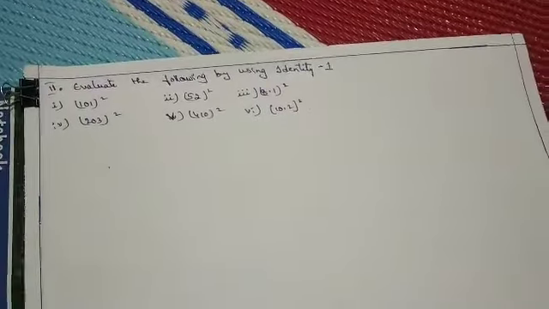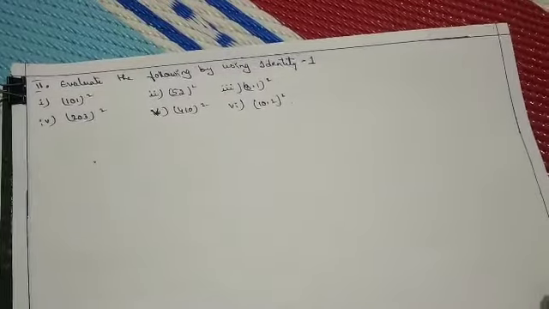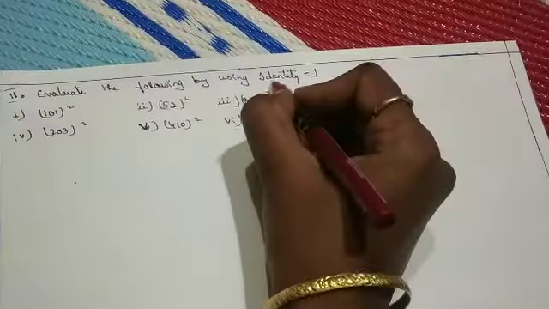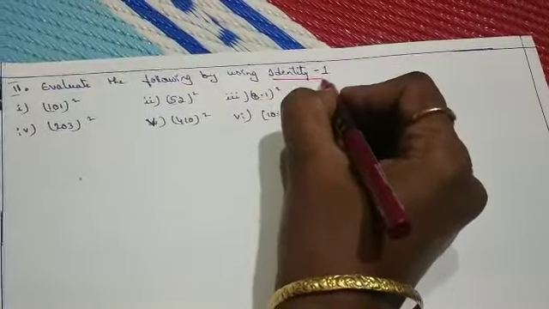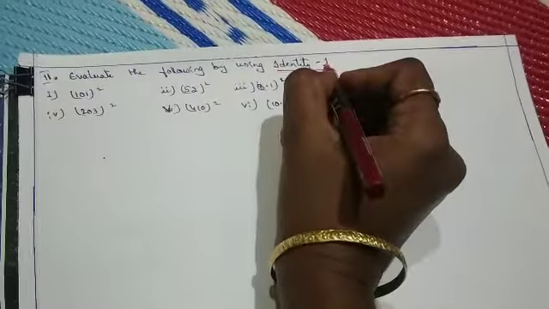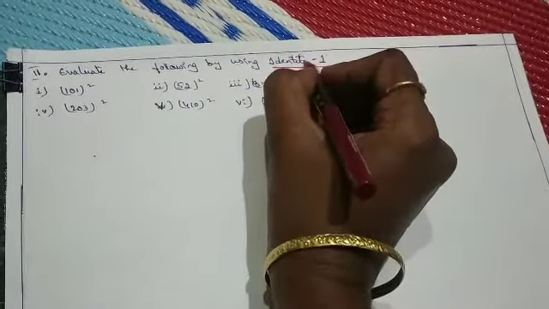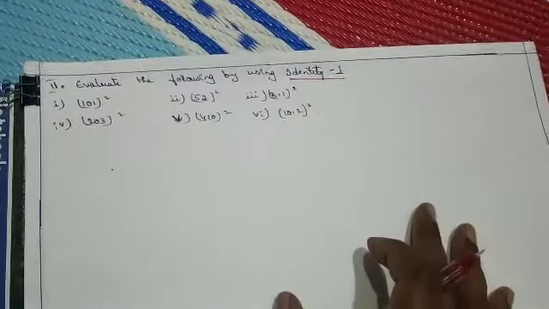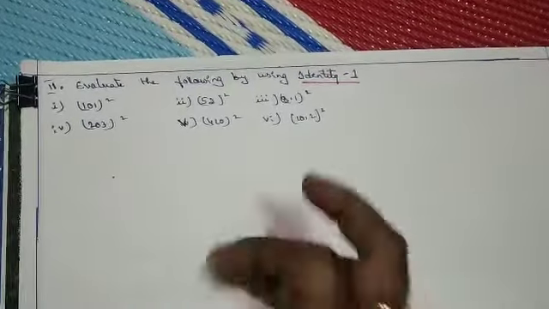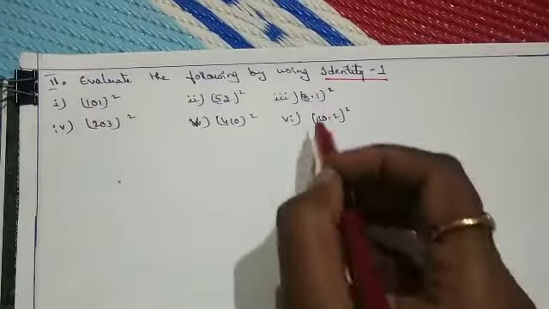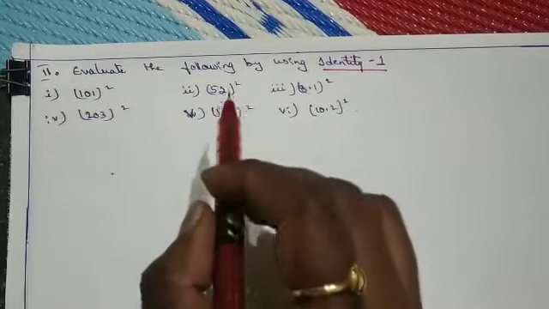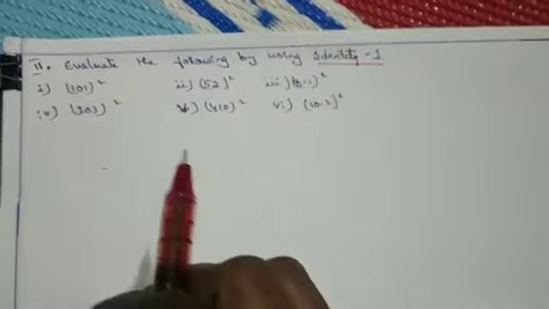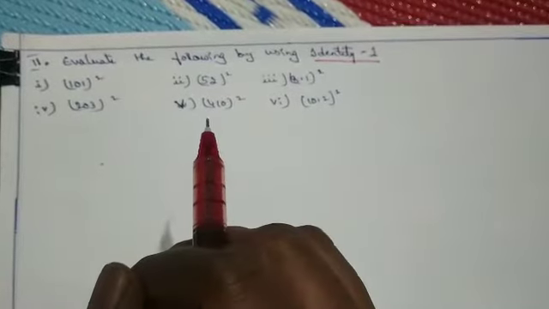Second main: evaluate the following by using identity 1. Again here they have specified identity 1, children, but in exam they will not give you identity 1, they just say by using suitable identity. So here there are 6 questions. In the same way I'll solve only 3 questions, and the remaining 3 are for you to do.